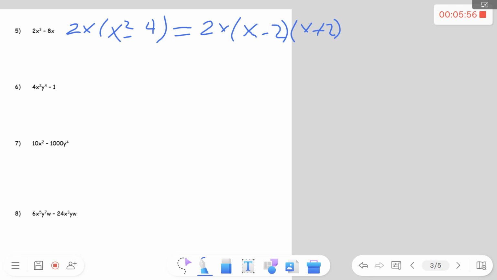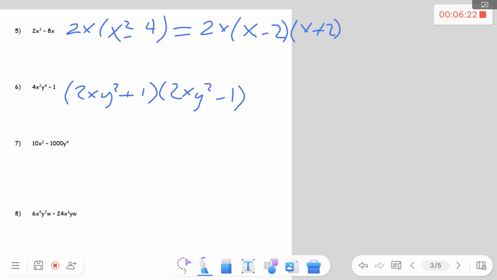Now number 6, I have a 4 is a perfect square, an x squared is a perfect square, y to the 4th is a perfect square, and 1's a perfect square, giving me 2xy squared plus 1, 2xy squared minus 1.